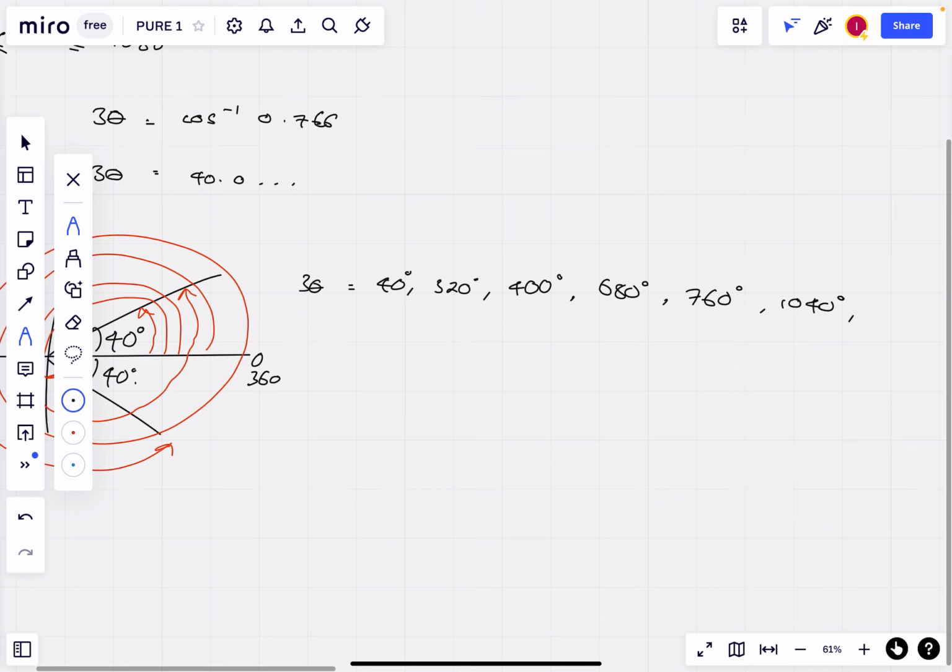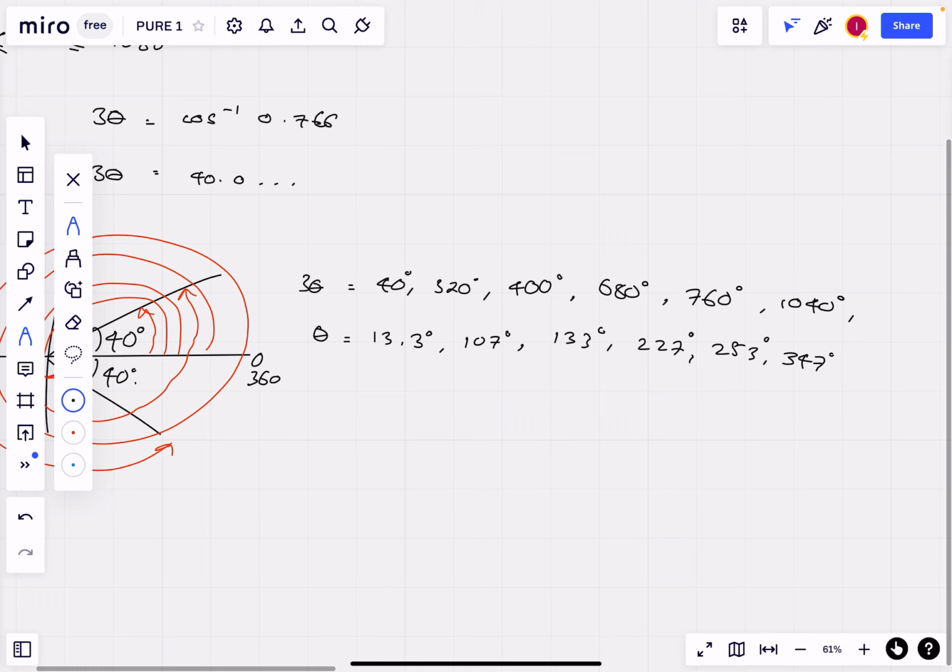Okay, now that you've got all your values, now you can divide them all by 3. 40 divided by 3, 13.3 degrees. 320 divided by 3, 107. Then 133. Then 227. 253. 347.